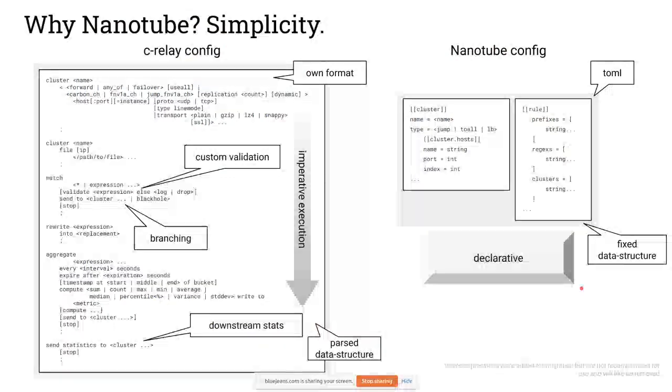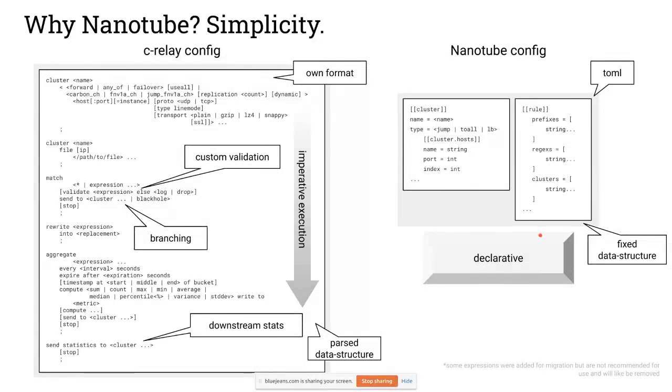To be completely open, for some backwards compatibility we kept some imperative parts, but we strive to get rid of them, and we hope that in the future the config will be fully limited to declarative form.